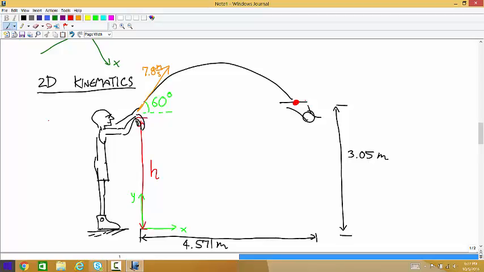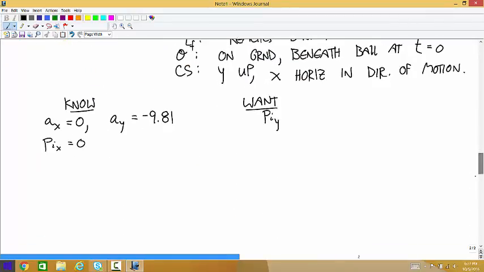Any questions about that one? That's doing something that these problems don't ask for that often. So PFX is 4.57, and PFY is 3.05.